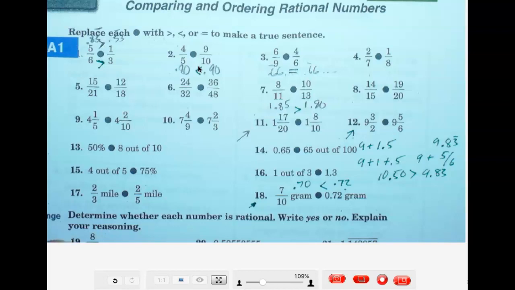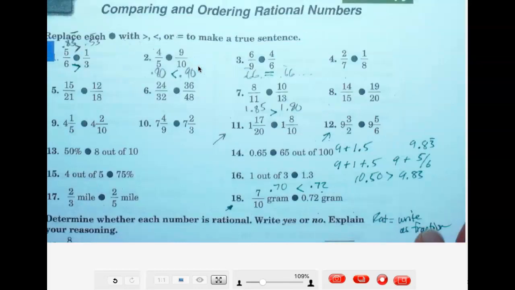Okay, let's see. Determine whether each number here is rational or irrational, and write yes or no. Well, a rational number is a number that you can write as a fraction. Okay, and a real common example of a number you can't write as a fraction is pi.